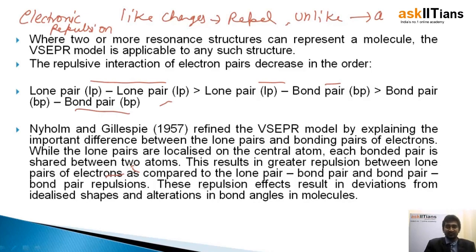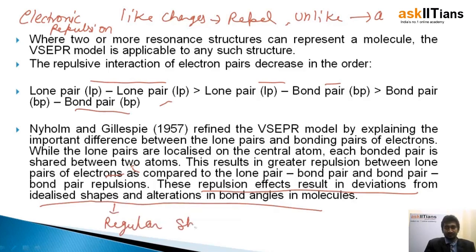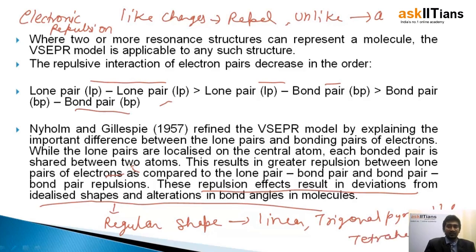These repulsion effects result in deviation from idealized shape or bond angles, that means regular shapes, which include linear, trigonal, pyramidal, tetrahedral, like that.